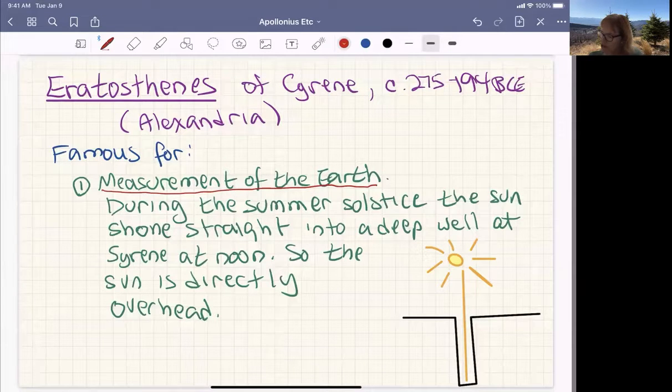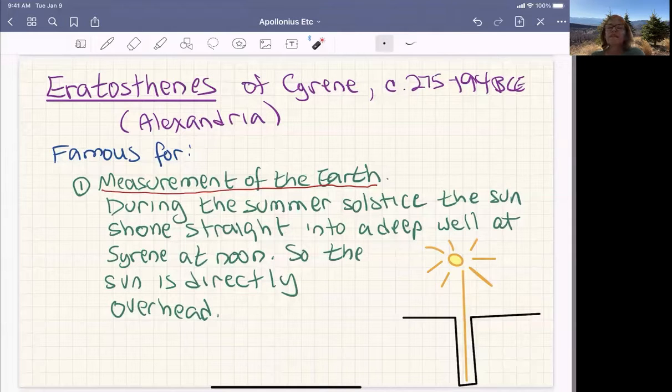So here's the story. During the summer solstice, that's the day in the year where the sun is the most overhead if you're in the northern hemisphere, the sun shone straight into a deep well at a similarly named place at noon.